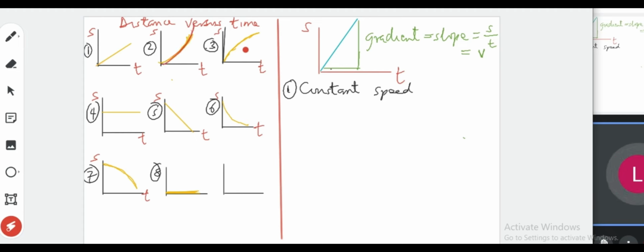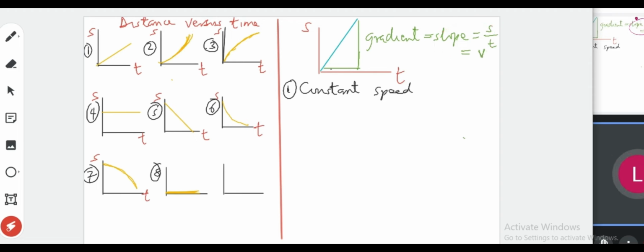What can you say about number 2? Accelerating, because the slope is getting steeper, which means the slope is increasing. And you know that the slope is speed. Higher slope means higher speed.